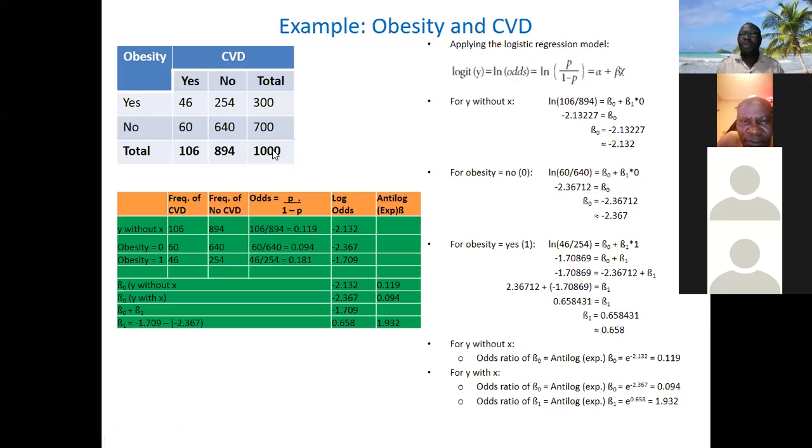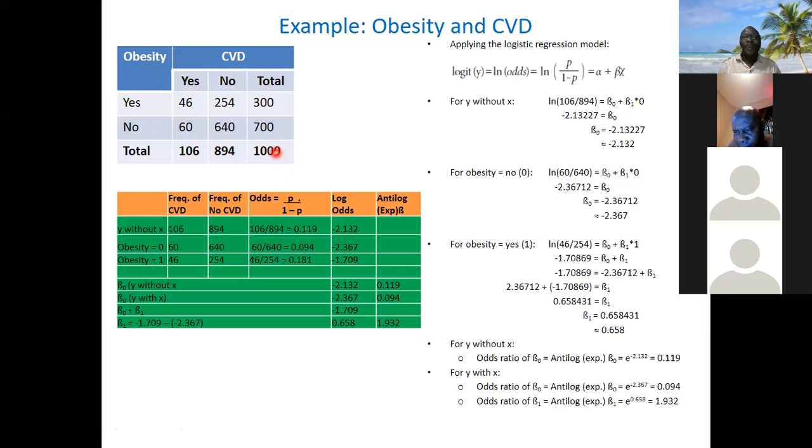Out of the 1,000 people, 300 are obese and 700 are not obese, making 1,000. Out of the same 1,000 people, 106 have cardiovascular disease, and the remaining 894 do not, making 1,000.